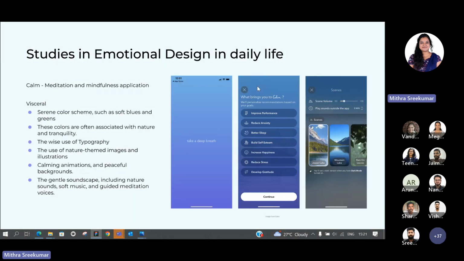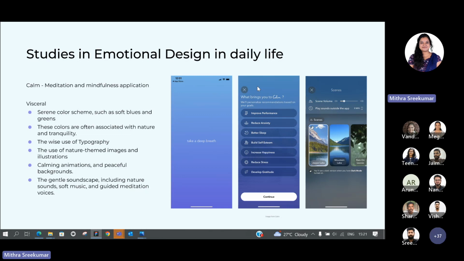So we can now move on to certain daily examples that we all experience daily in certain applications. So Calm is a meditation and mindfulness application which is actually used to get the user into a relaxed, more stress-free kind of situation.